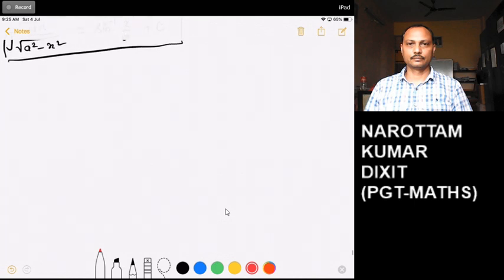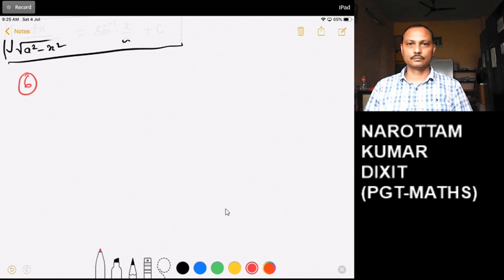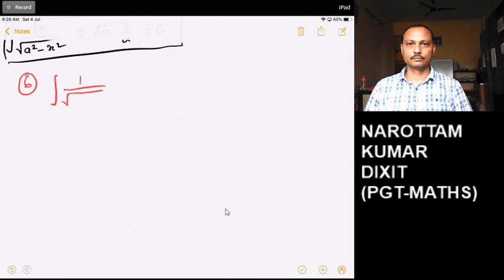Now the sixth one is integration of 1 upon under root x square plus a square with respect to x. This is the last one.